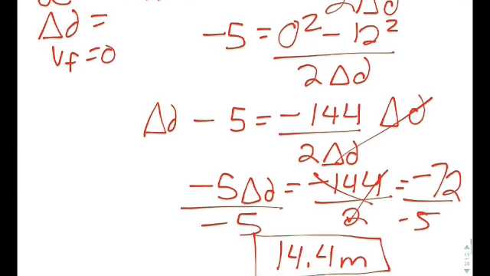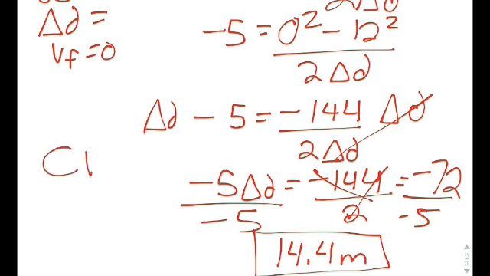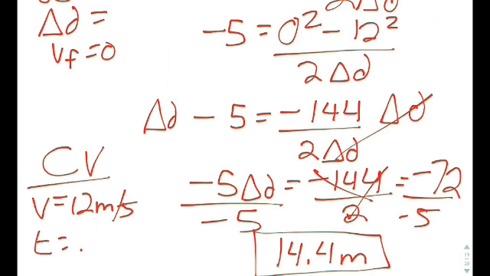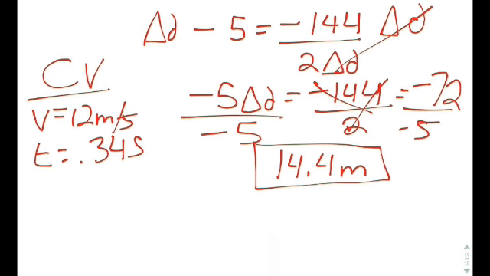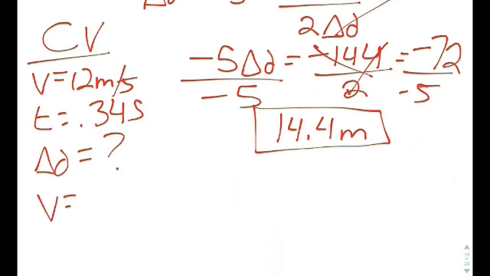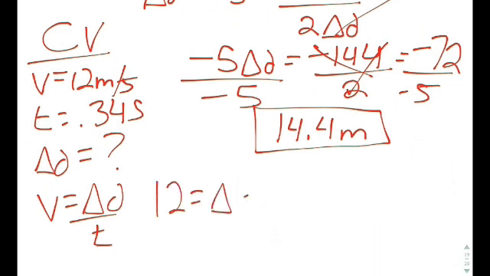What that means is that the driver travels at a constant velocity of 12 meters per second for 0.34 seconds before he recognizes the cat is in the way. When that occurs, you can solve for the displacement he travels during his reaction time, and you would say v equals delta d over t, and you would solve 12 equals delta d over 0.34.